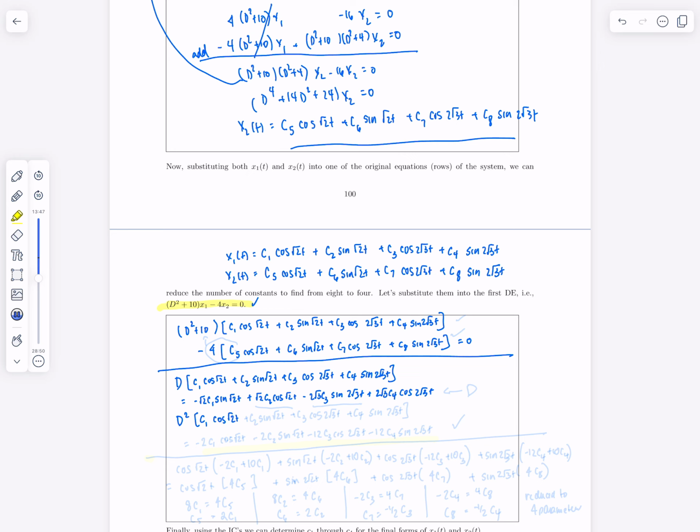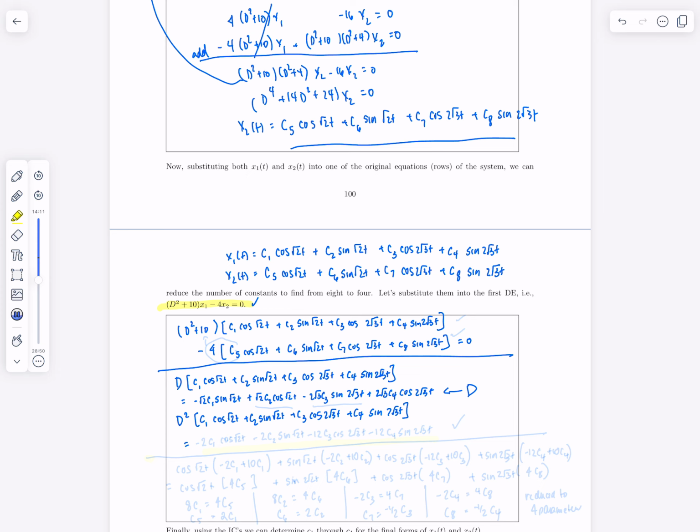D squared times x1, and here's the original x1. And now I'm going to write all this out again, just so that we can keep things straight. Cosine 2 square root of 3t plus c4 sine of 2 on the square root of 3t. Well, if we want to get that, then we have to apply d to this, right? So let's just do that. So we're going to apply the derivative to that.